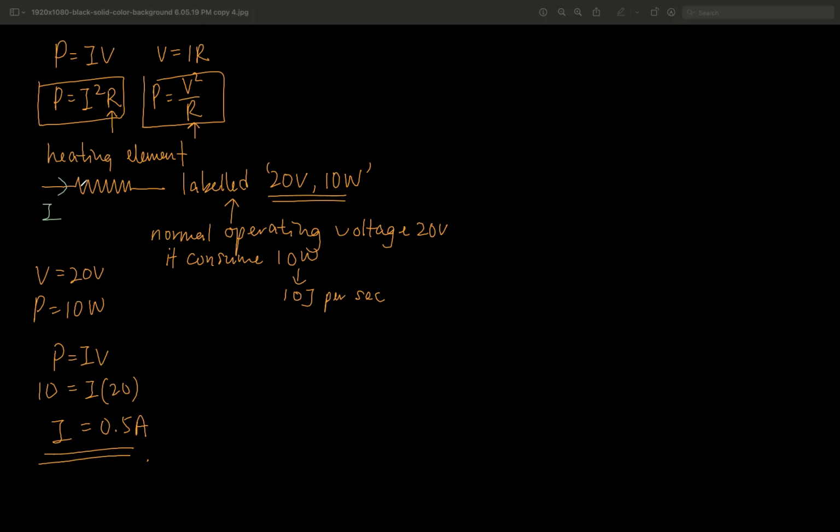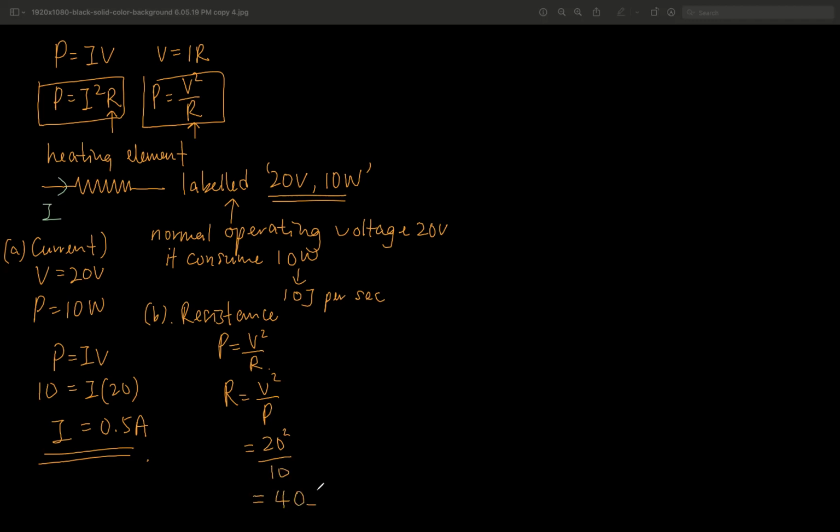When you connect 20 volt, it will draw 0.5 ampere from the circuit. Then part B, calculate the resistance of the resistor. We do P equals V square over R, so R equals V square over P, which is 20 square over 10, equals 40 ohm.